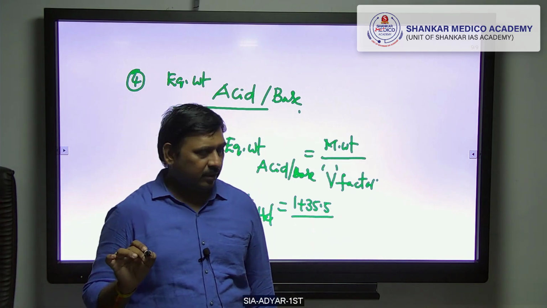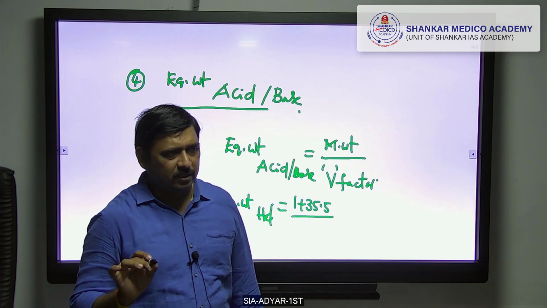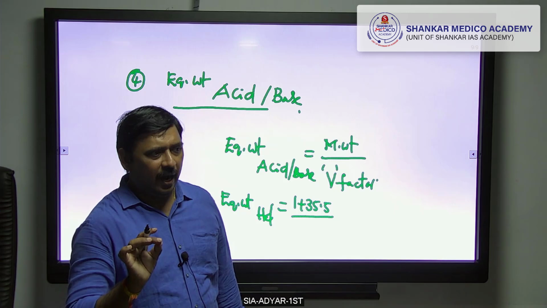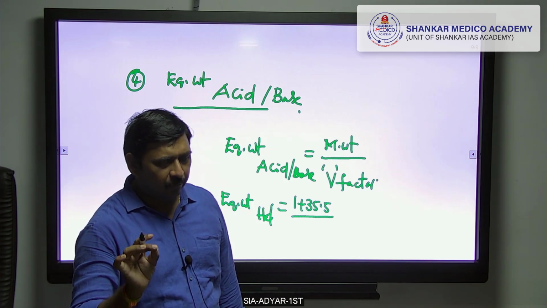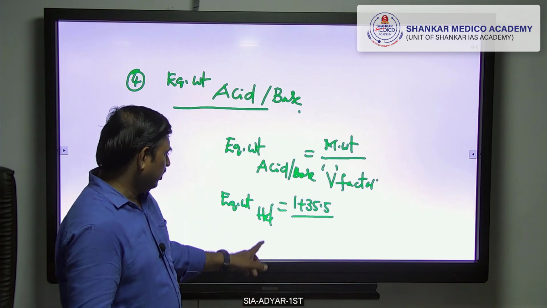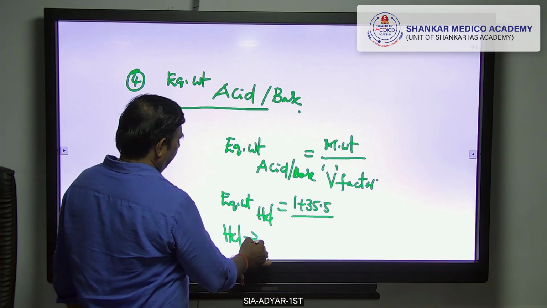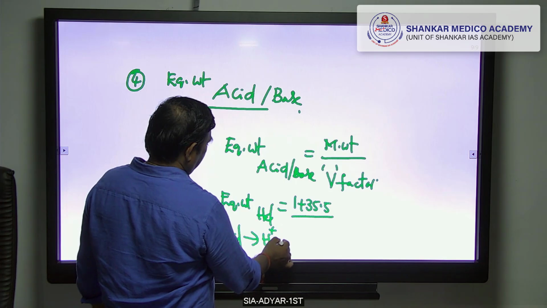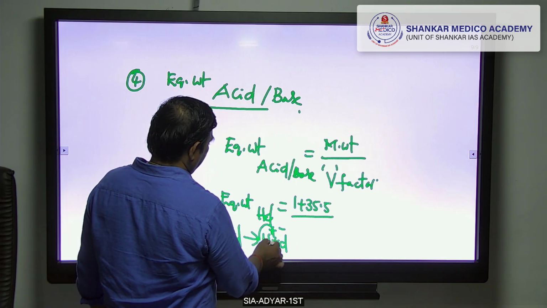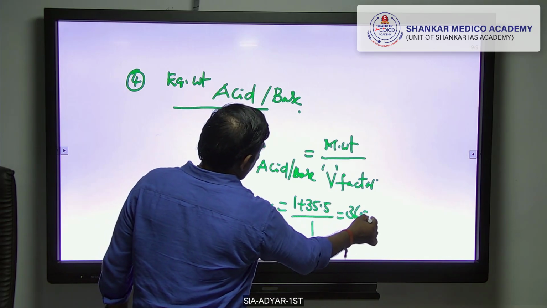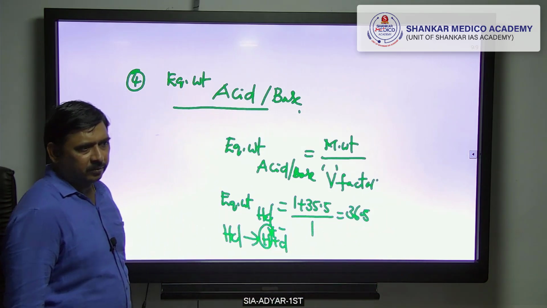Regarding acid, n factor or valency factor means the number of replaceable hydrogen ions from one molecule of acid. HCl gives H plus and Cl minus. So n factor is equal to 1. So this value is equal to 36.5. Right?